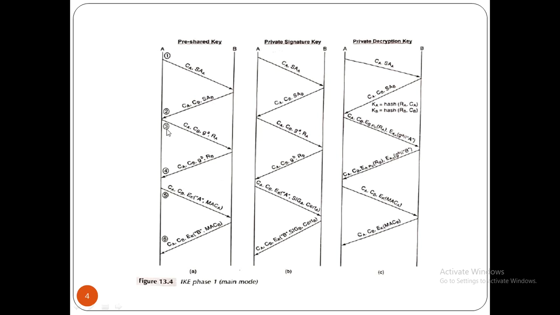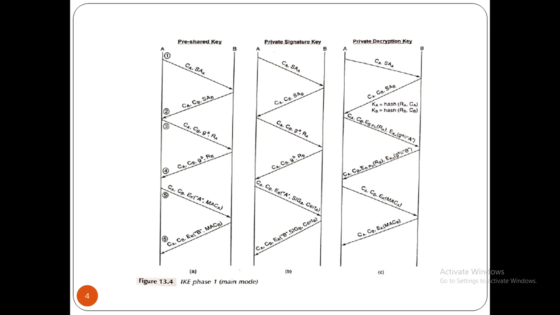Along with CA and CB, there are the Diffie-Hellman parameters, g to the power A and g to the power B. An additional variable required is the nonce or random integer, RA and RB, from A and B respectively. So in messages 3 and 4 both sides exchange random integers and Diffie-Hellman partial keys, g to the power A and g to the power B.